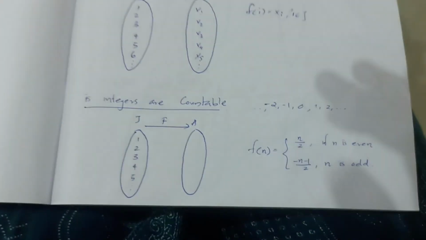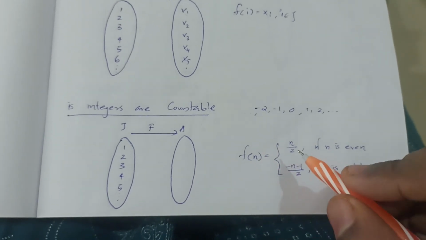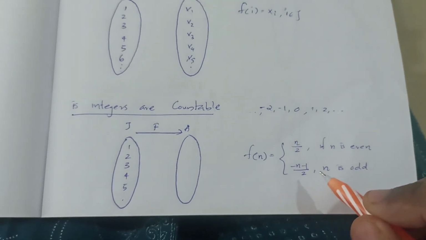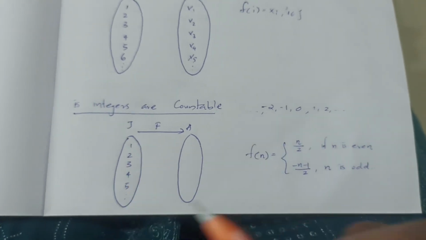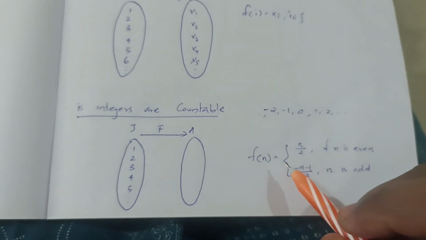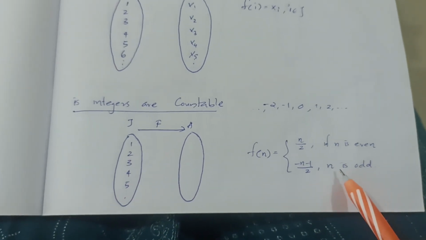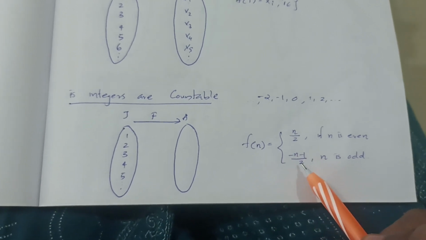Let's look at it. I am defining a function f of n equal to n by 2 if n is even, and f of n equal to minus (n minus 1) by 2 if n is odd, where n belongs to J, the set of positive integers. What is f of 1? n is odd, so it is minus (n minus 1) by 2.